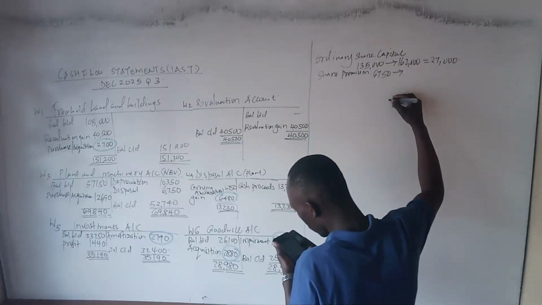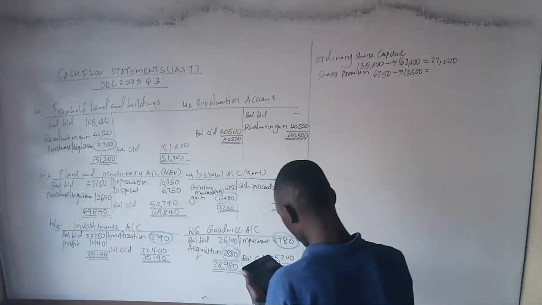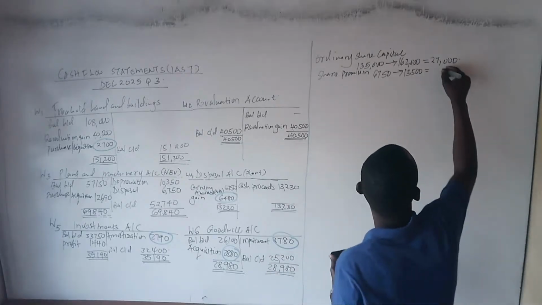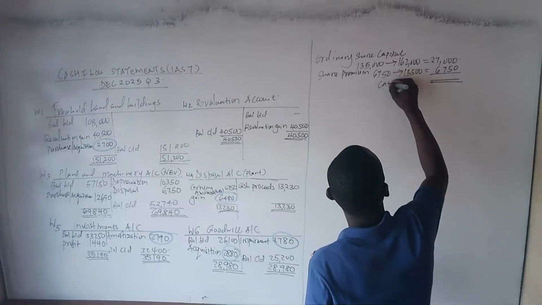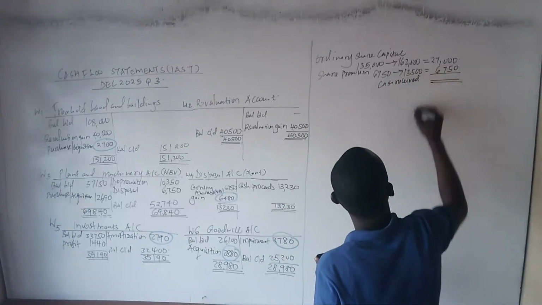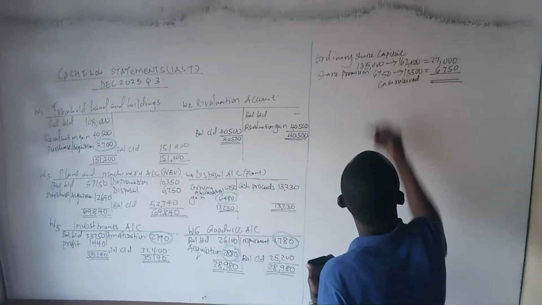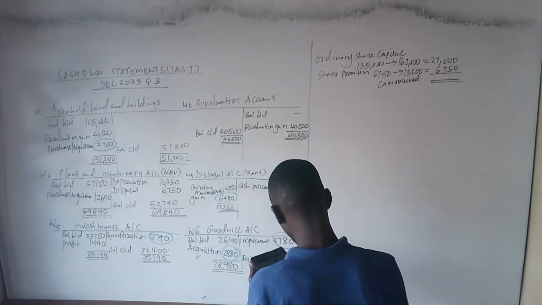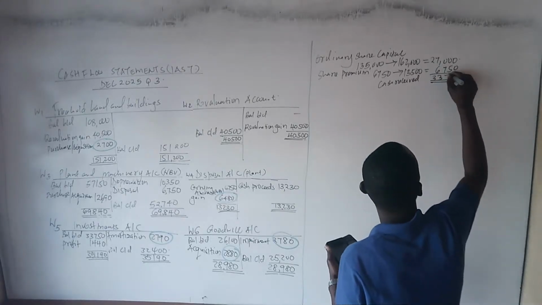At the end, we had 135,000, meaning we had more by 67,500. So we are going to have cash received from issue of ordinary shares, where we add the share premium and ordinary share capital. So it is going to be 27,000, then we add 67,500, and therefore we are going to get 33,750.